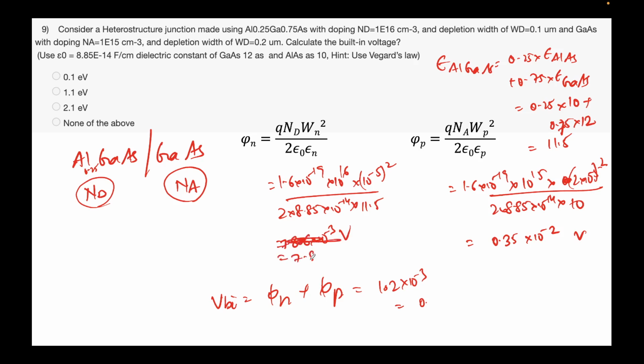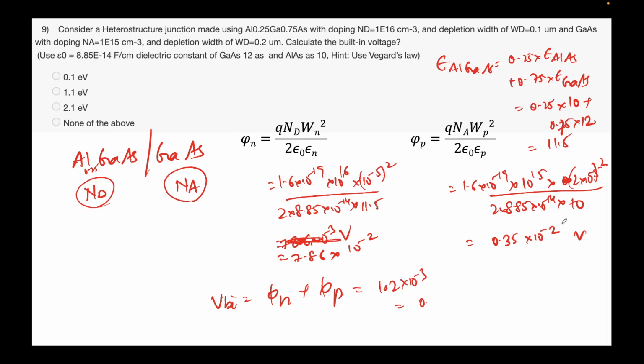This is 7.86 times 10 to the power minus 3, so minus 3, it will come minus 6, minus 16, and this is minus 14, so it will be minus 2. So this is approximately 7.86 times 10 to the power minus 2, and this is approximately one order lower. So this will become 7.86 times 10 to the power minus 3, but it will get multiplied by, so now I think it's fine.